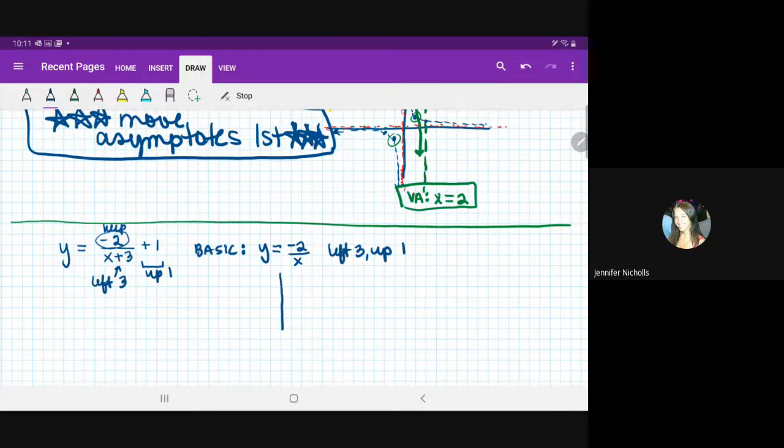Okay, so we're going to substitute in some values: -2, -1, 0, 1, and 2. And I'm going to substitute them into the basic graph that I'm choosing and not the original graph.